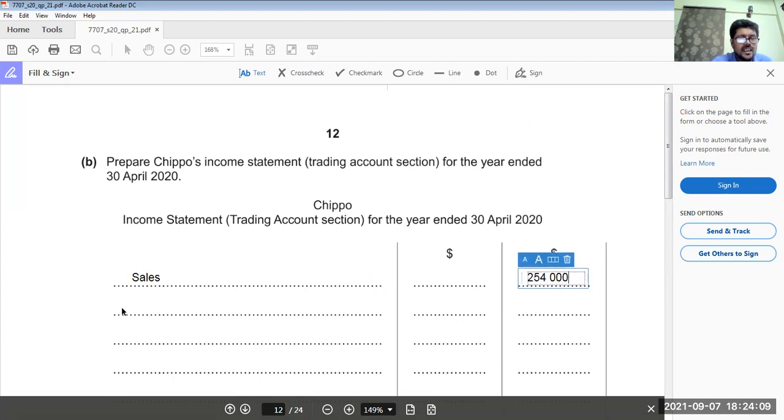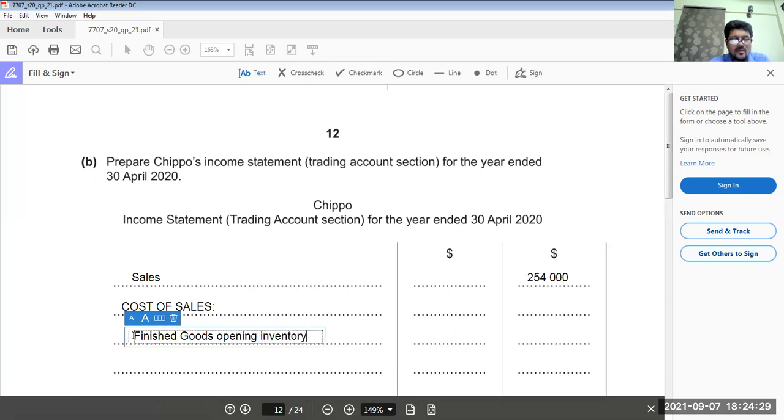Now the heading, cost of sales. Finished goods opening inventory. How much is the finished goods opening inventory?